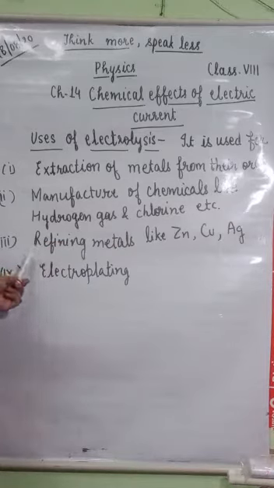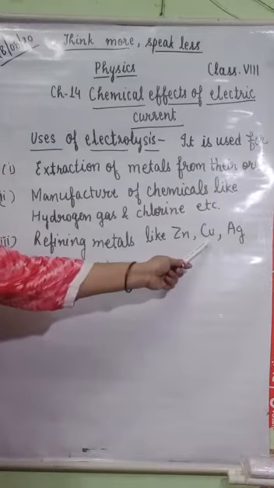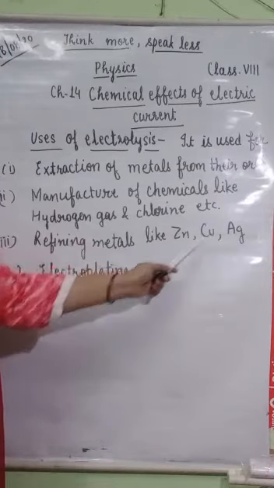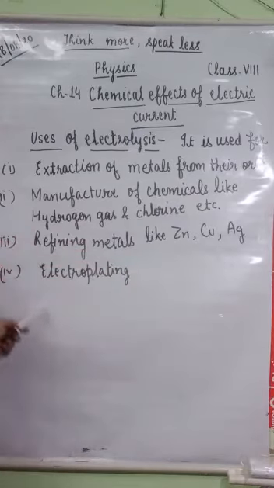It is used for refining metals like zinc, copper and silver. These are the symbols of zinc, copper, and silver. And the electrolysis process is used for electroplating also.